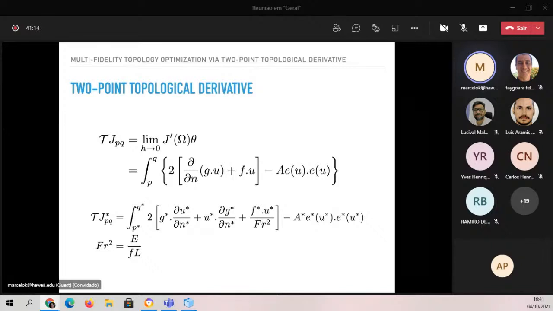Okay, so with the star that we have at the bottom, I did a dimensional analysis of that 2-point topological derivative. I just normalized the variables with the length or stress variables, and then I obtained that at the bottom.